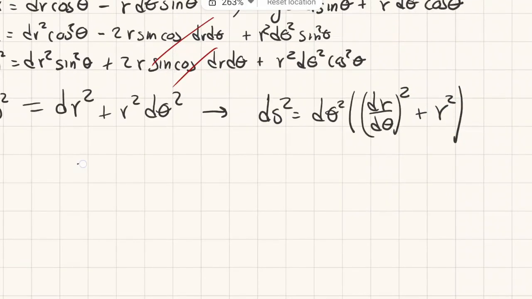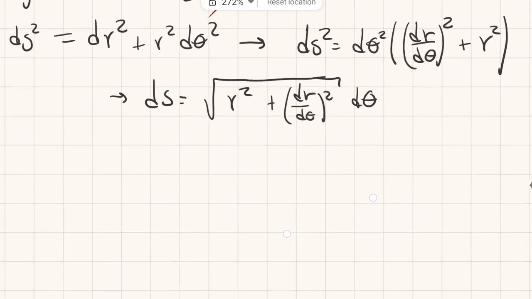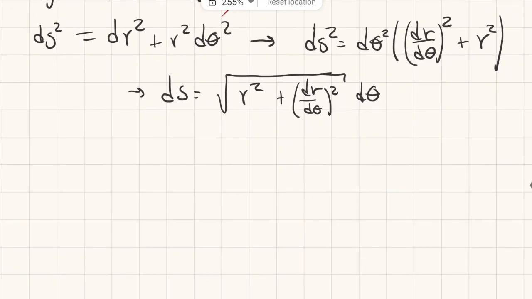Okay, and then from here we get that ds is equal to the square root of r squared plus the derivative of r with respect to theta squared, and then d theta. And as you should guess, we are going to integrate this from the initial angle to the final angle of the curve to get the total length of the curve that we want to measure.